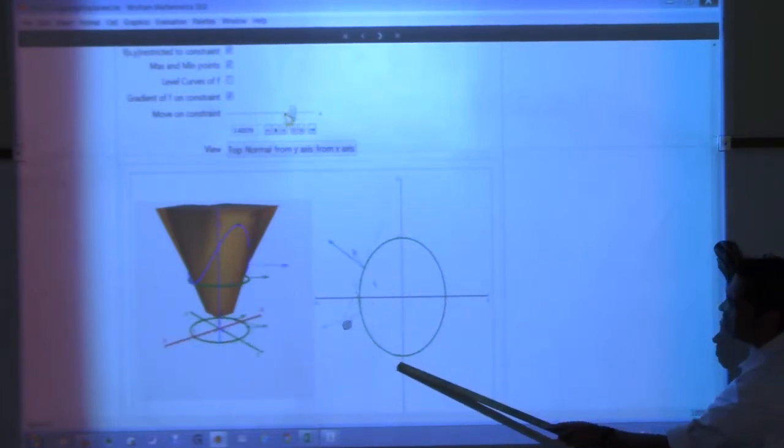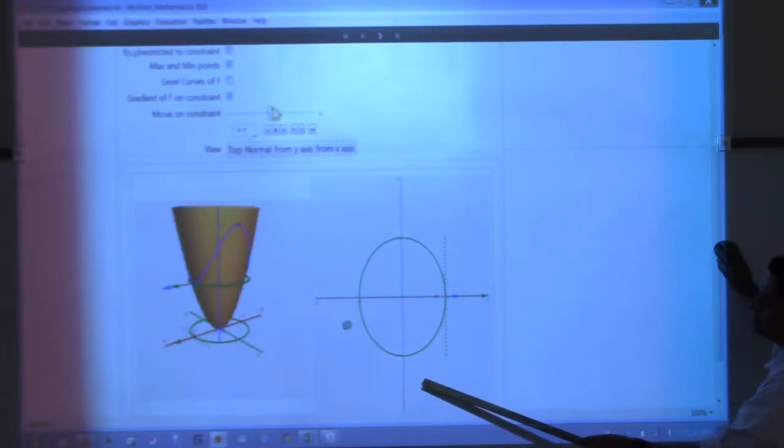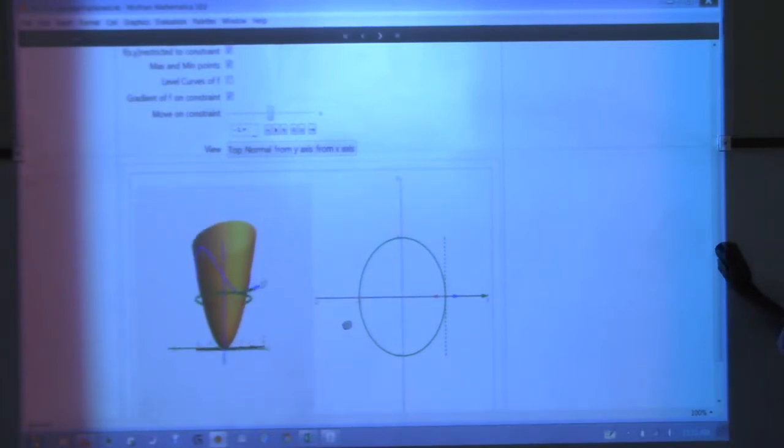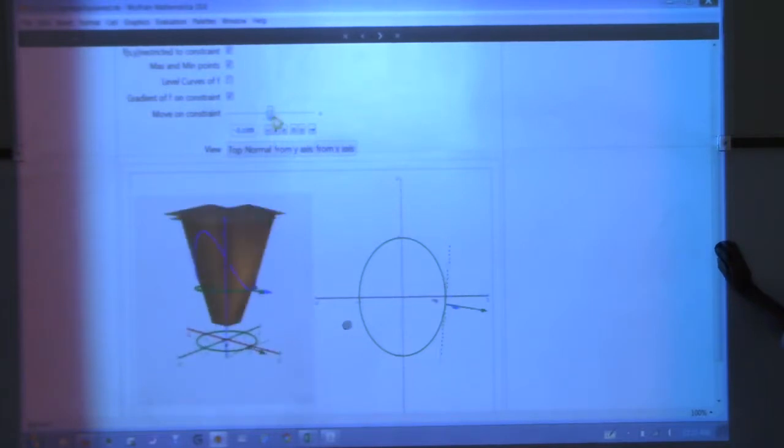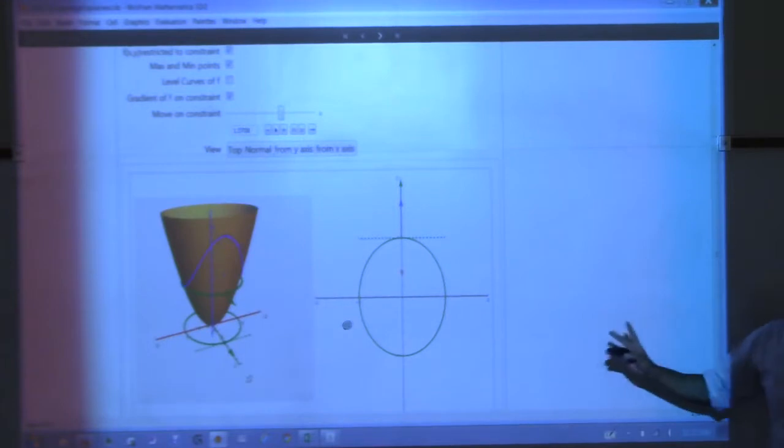It looks like they correspond to, if I'm right there, where am I on this surface? At the minimum, right? And then if I move up here, look, they're parallel there, aren't they? And notice where I am? At a maximum.